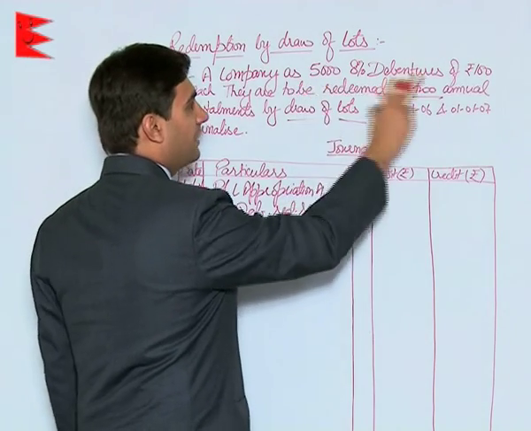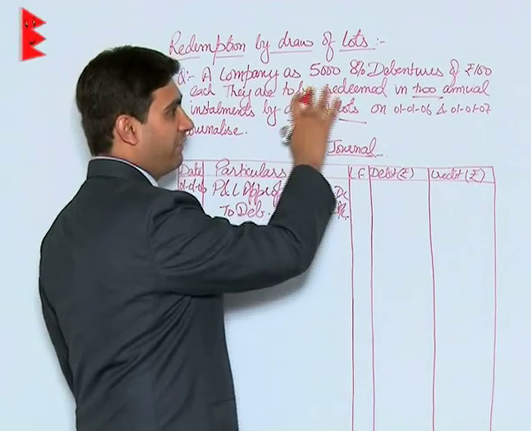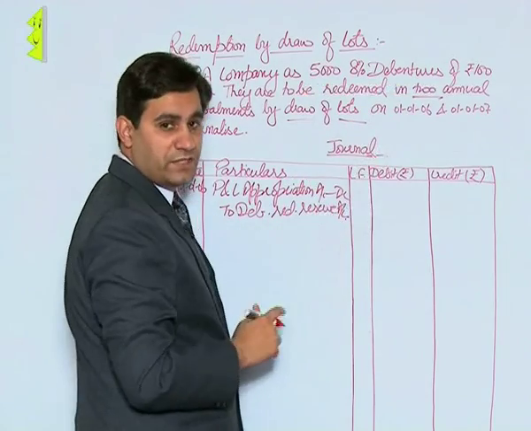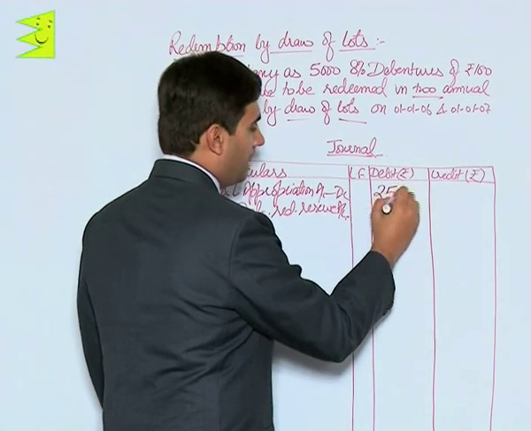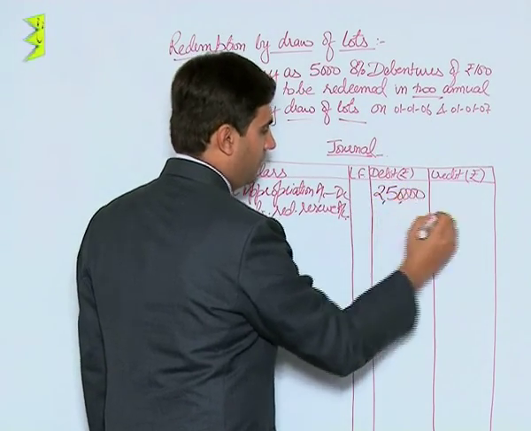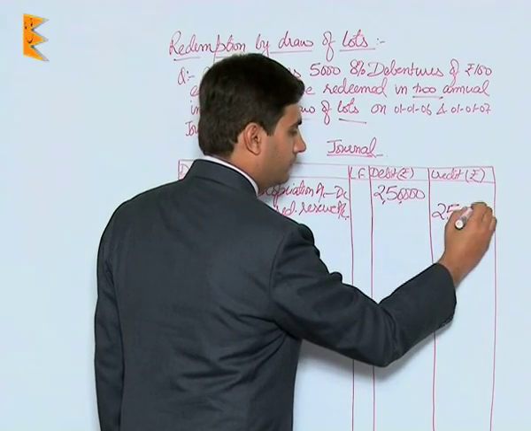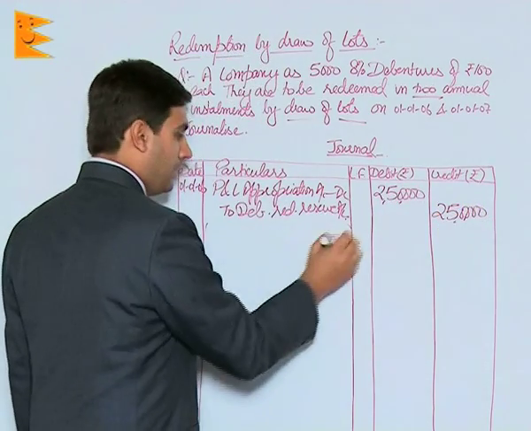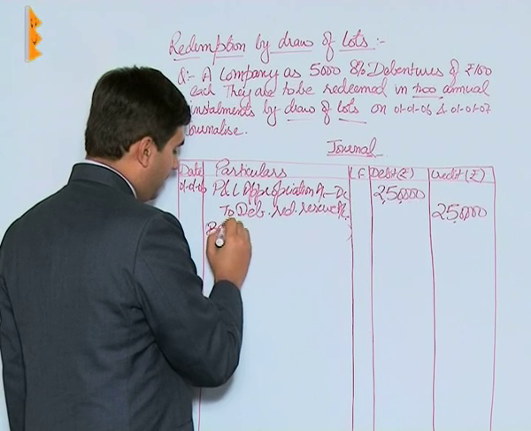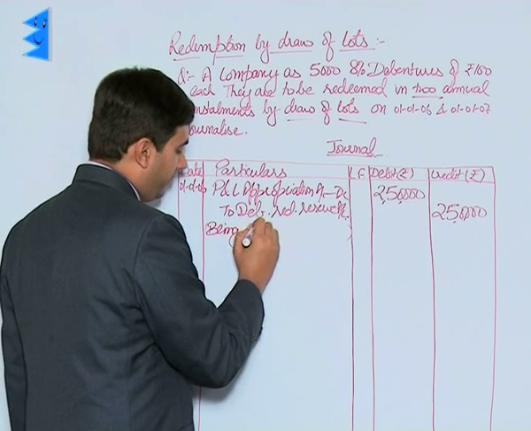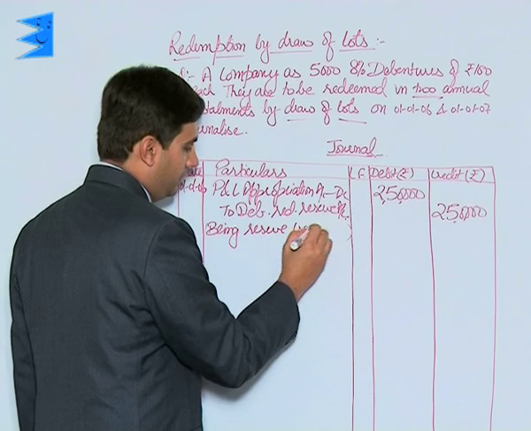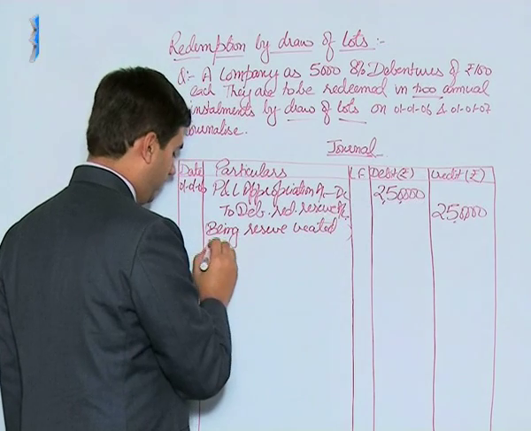That would be 50% of the face value, and the face value here is 5,000 into 100, that is 5 lakh. So the 50% amount comes to 2,50,000. Narration is being reserve created for redemption.